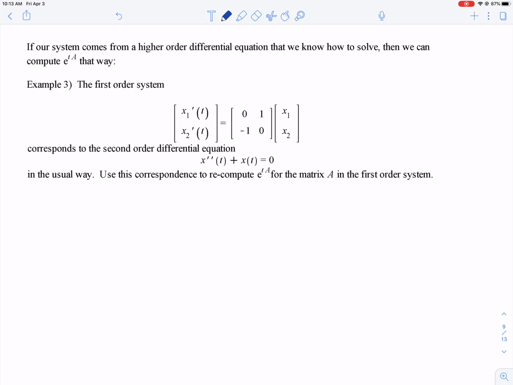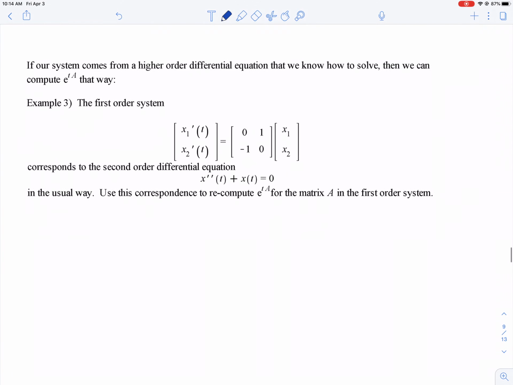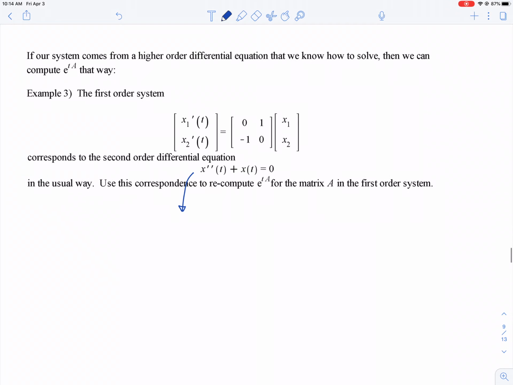If our first order system came from a higher order differential equation, then actually this column by column method could be used, and you know how much I like to talk about this correspondence. So that system that we've been studying corresponds to the unforced, undamped harmonic oscillator second order differential equation.